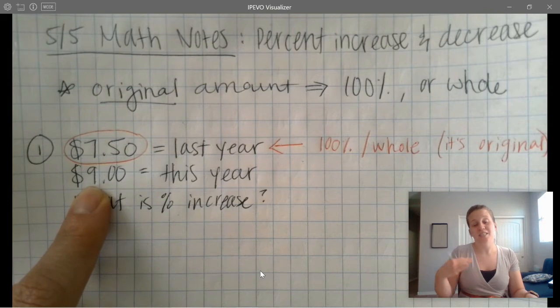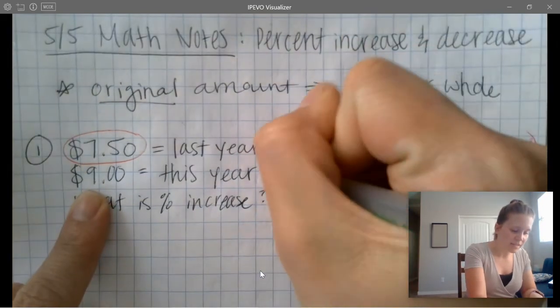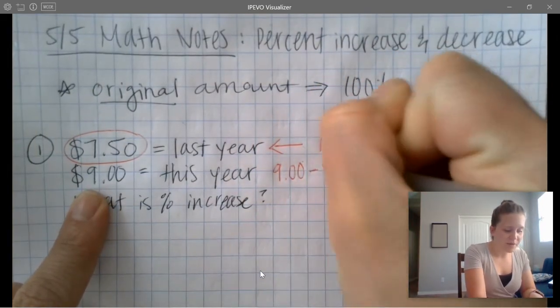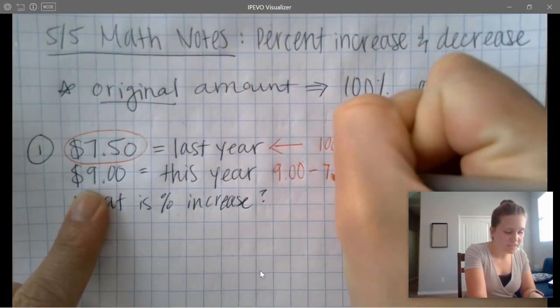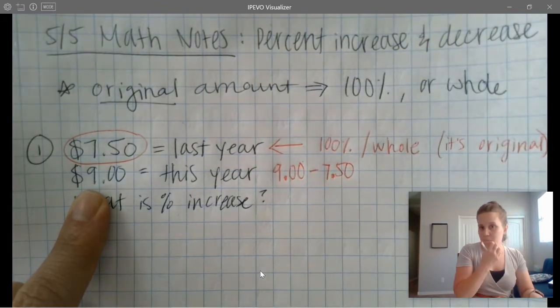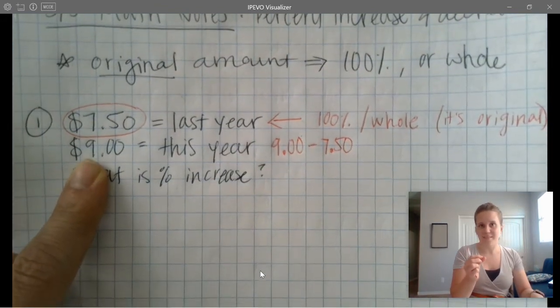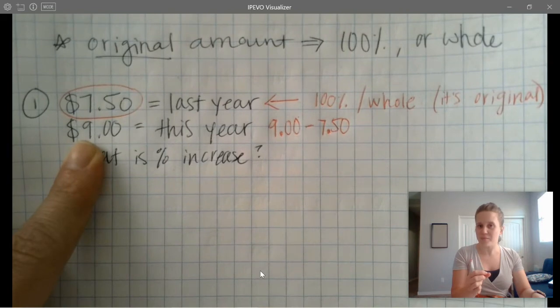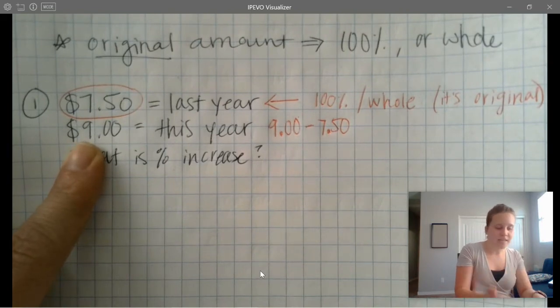It increased to $9. So what does that mean my increase is? Well, I'm going to subtract my new amount minus my original. Make sure your paper looks like mine. I think this is the trickiest part of the problems you'll see today because it's different from yesterday. So make sure you're getting this down.